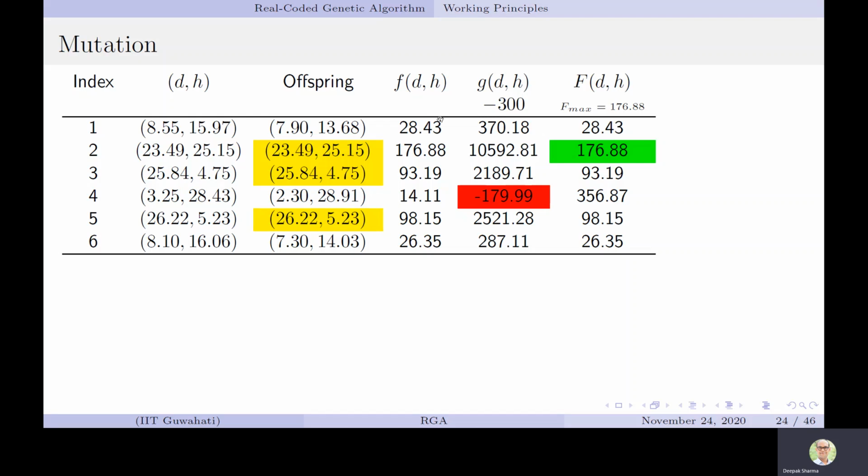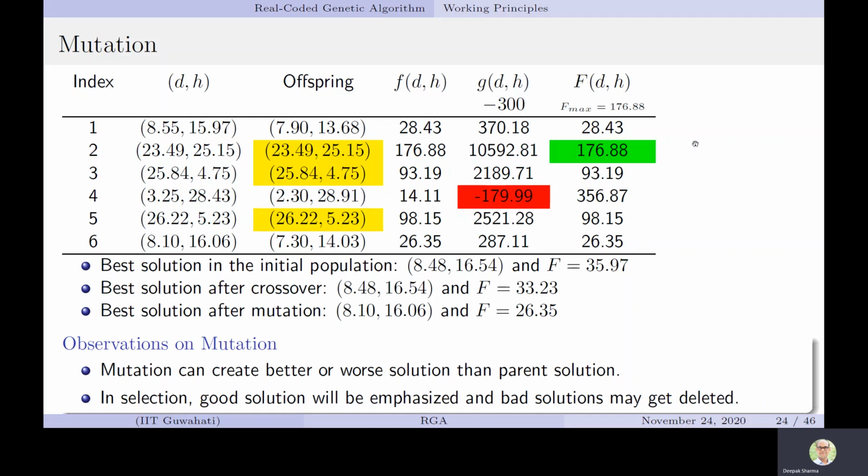Now, looking at the function values of the feasible solutions only, solution 2 has the worst function value. So that's why in the last column, we can see Fmax is 176.88, and the fitness of the infeasible solution number 4 is 176.88 plus 179.99, which is 356.87. So we get the fitness value.